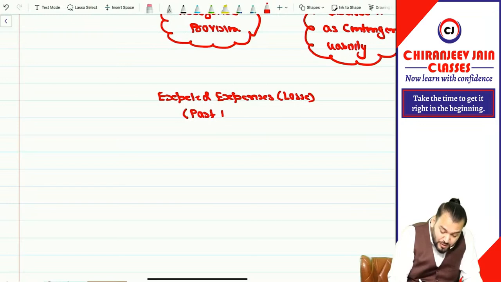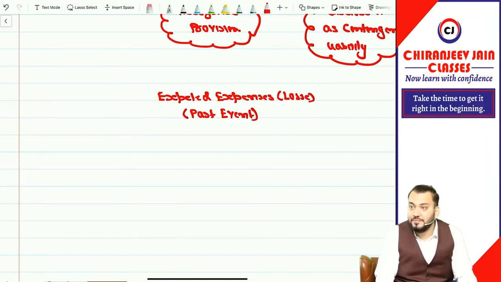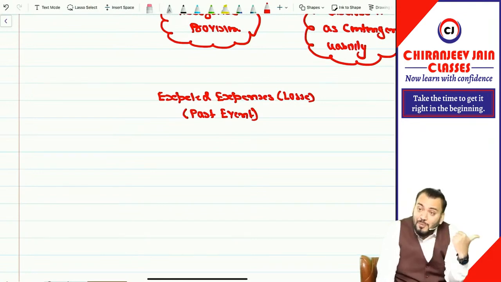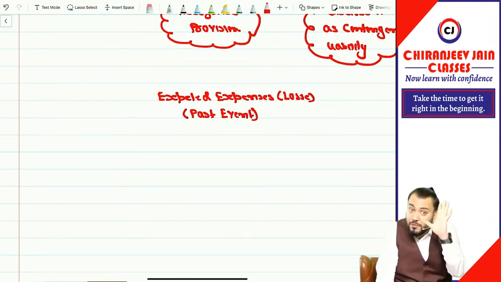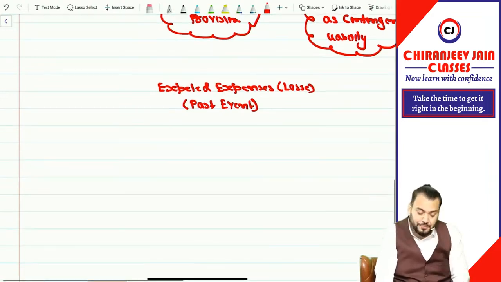Past event. This is the keyword. Normally students do not understand past event. They think about any event. So expected expenses due to some condition existing on the balance sheet date which arises from a past event. We are discussing only those expenses. Any expected expenses due to a future event, ignore it. We never record that type of expenses in our current year financial statement.